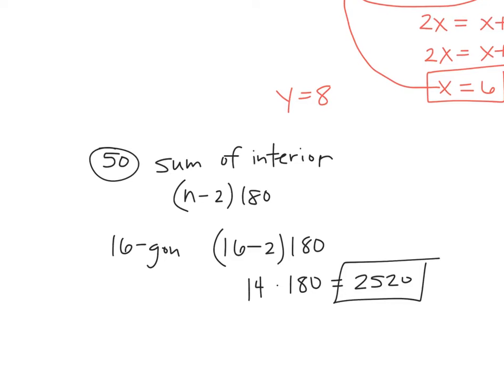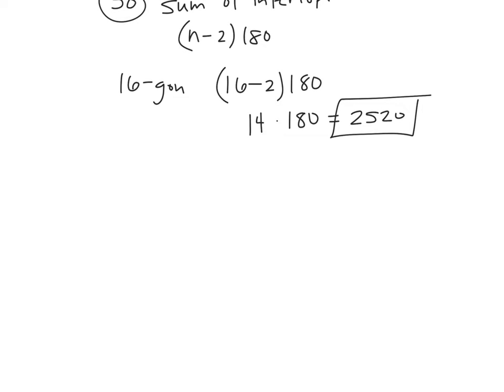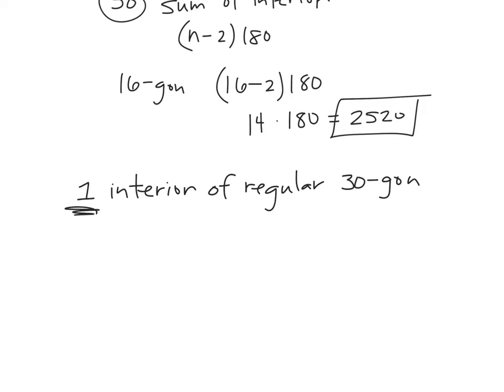All right, while we're in that realm, I'm just going to jump around to a few different things. So the sum of the interior angles is n minus 2 times 180. But what if I want to find one interior angle of a regular 30-gon? If I want to find one and it's regular, that means all the angles are the same. So you have to do n minus 2 times 180, 30 minus 2 times 180.